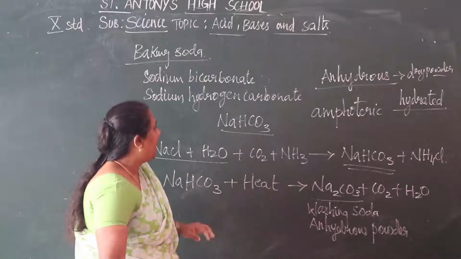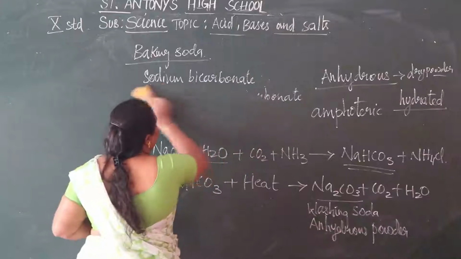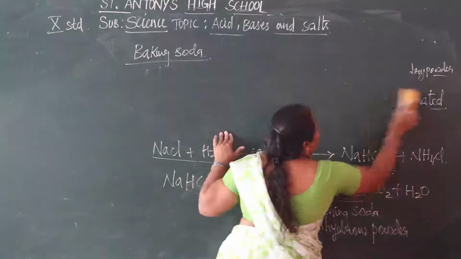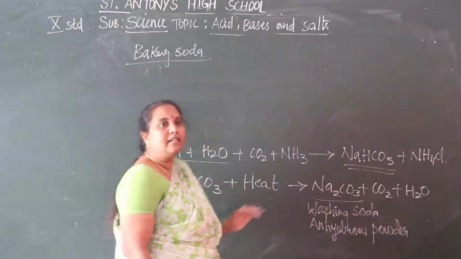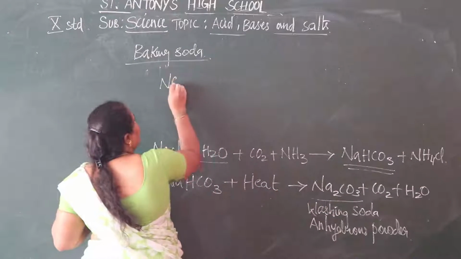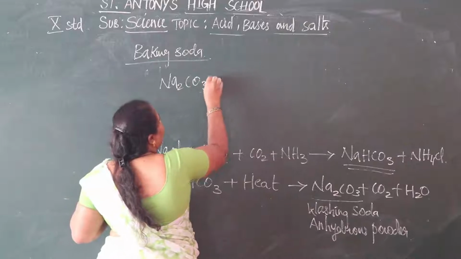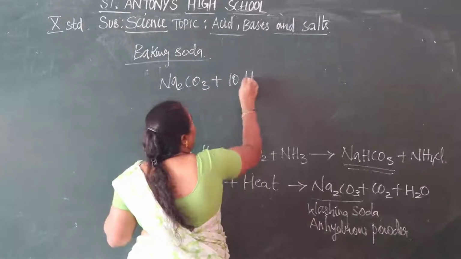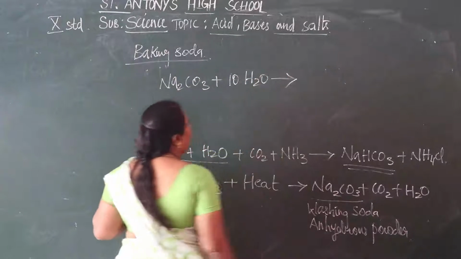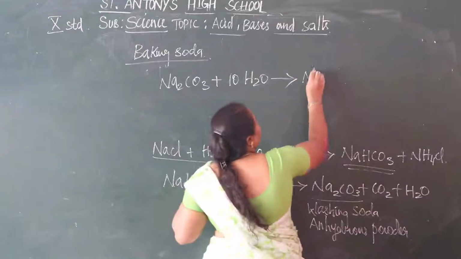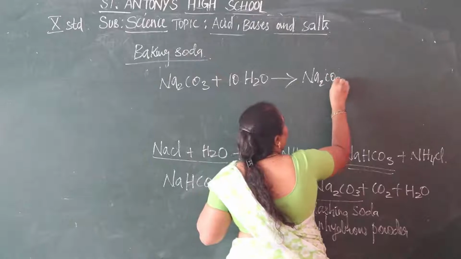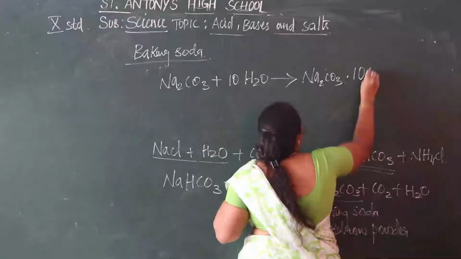So let us write here. To this washing soda, Na2CO3, we add 10 molecules of water. We get sodium carbonate decahydrate.